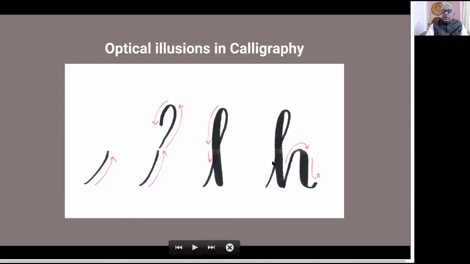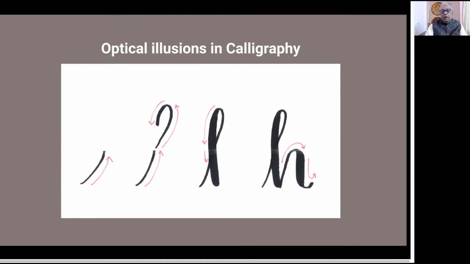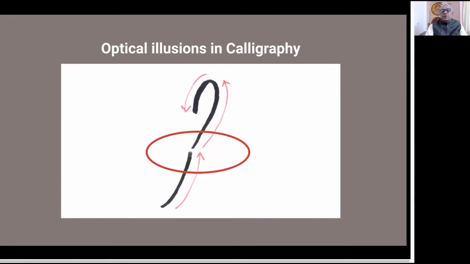These are not documented or taught with a specific focus on why we are doing it. But lots of calligraphers, especially in brush pen calligraphy, do a lot of this kind of optical corrections. So this conscious decision is what I would like to focus on in optical illusion in calligraphy.